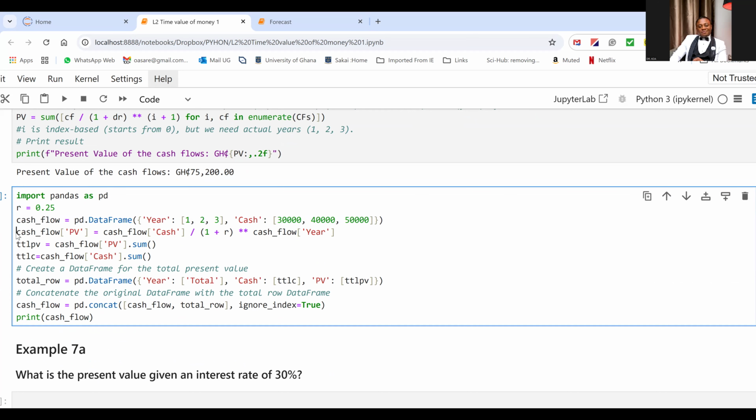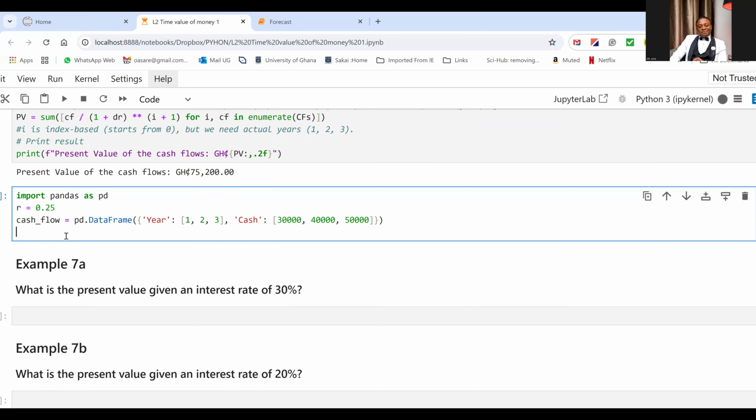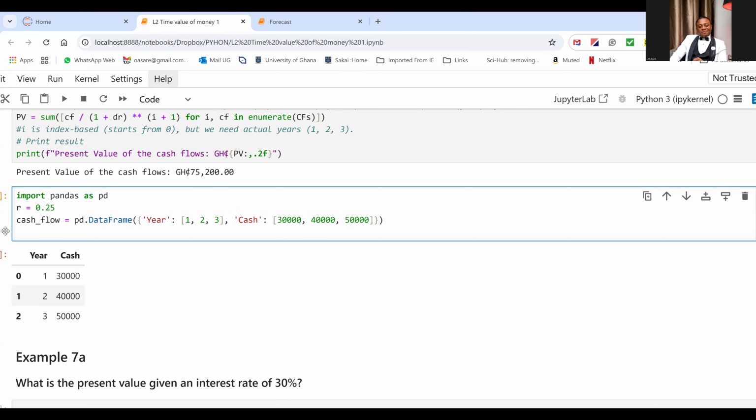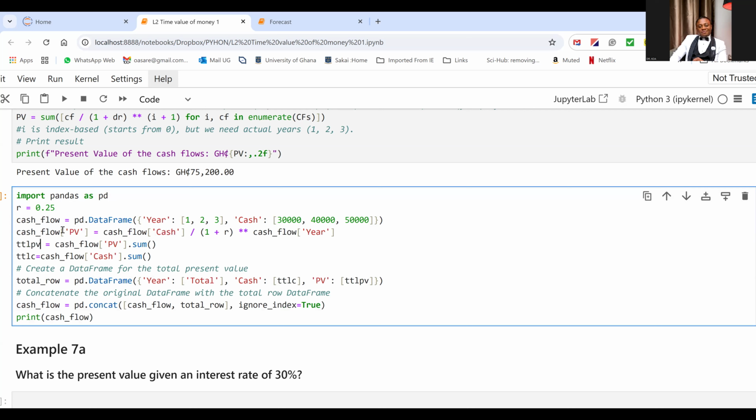In fact, if I go back here and take this one and just type cash flow here and run this, it will just give you a data frame of the cash flow. That's what I've just done. I've created a data frame for the cash flow. Let me undo this. Then I will now create the cash flow of the present value.